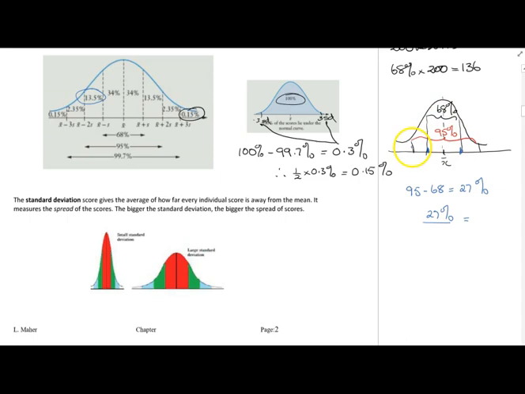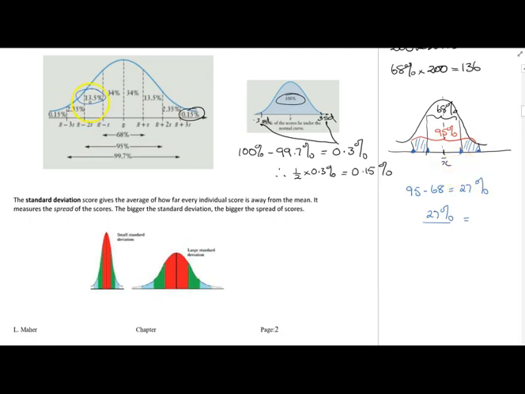The moment we move out to 2 standard deviations below up to 2 standard deviations above, we're up to 95%. Now, if we think about how many scores lie here, and we know there are exactly the same amount of scores lie there, if we work out the difference between 95 and 68, which you can see I've done here, 95 take away 68, then you can see that's 27.